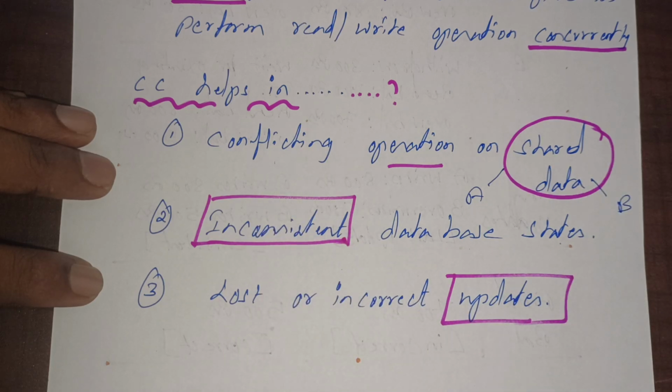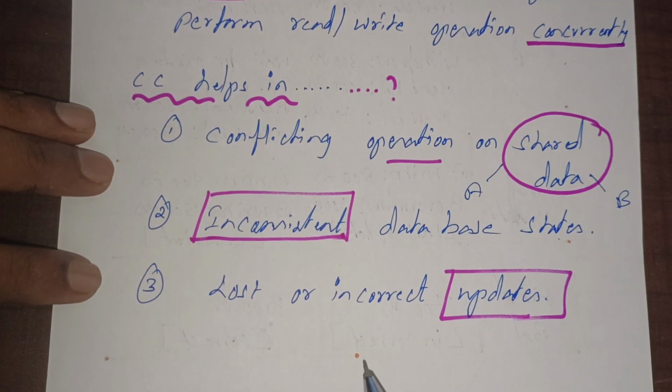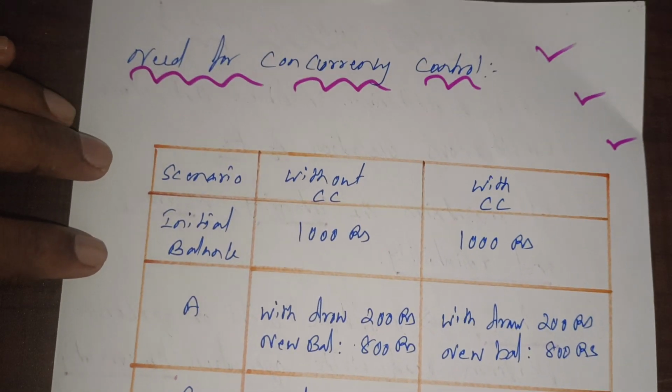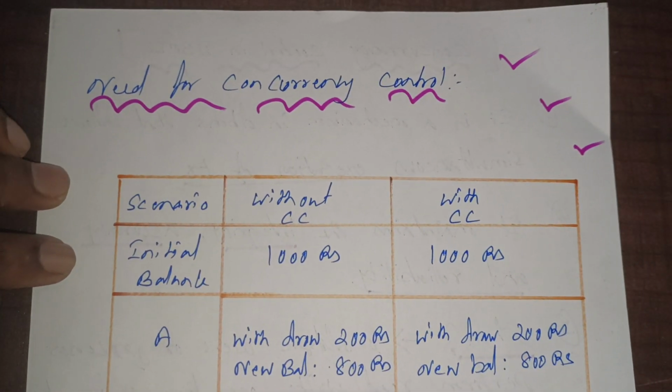That is the point. I am going to show you one basic example where there is an overlap in time, and how safely and independently the process is executed. Let me take you to this example, the need for concurrency control.